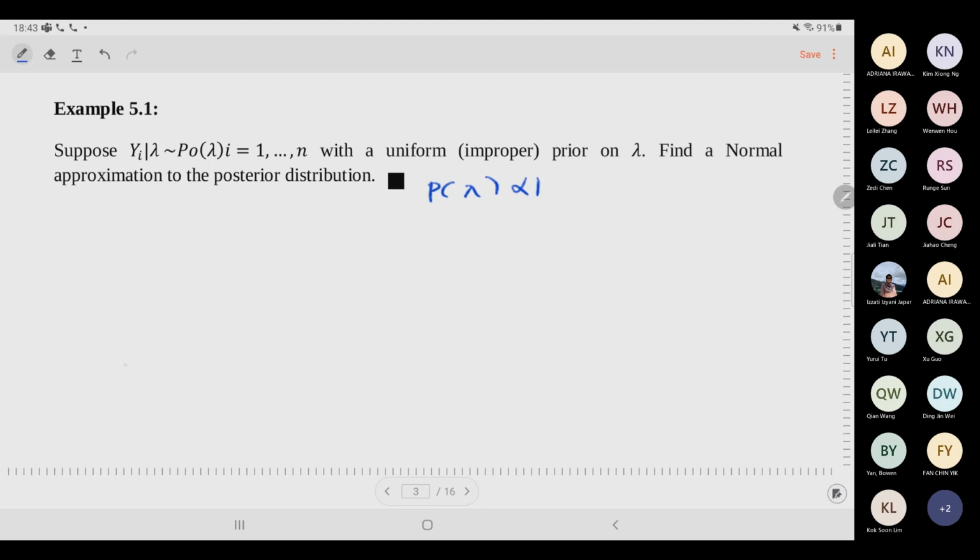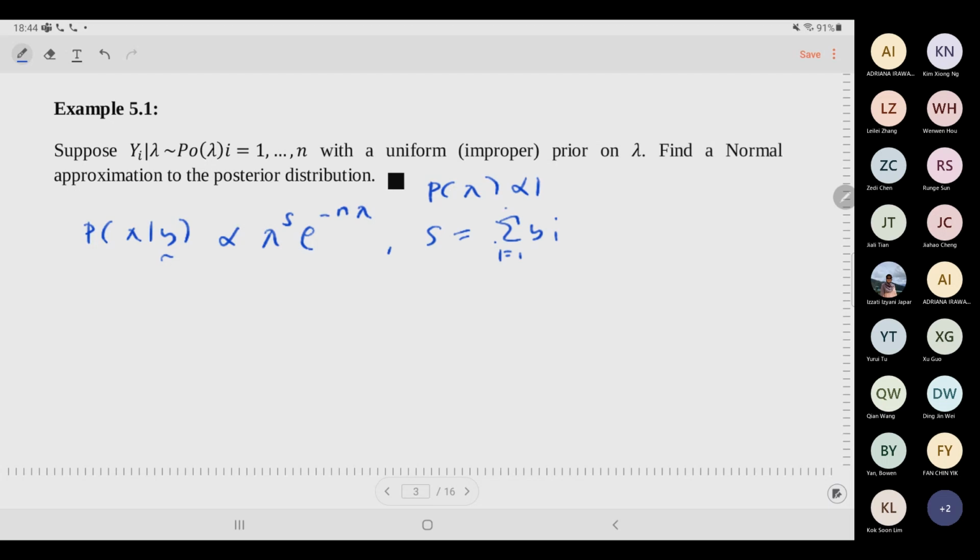You can try to find it on your own, but the posterior of lambda given y is something we've also seen in the examples and your tutorials. Right, we have this, where S is the sum of your yi.